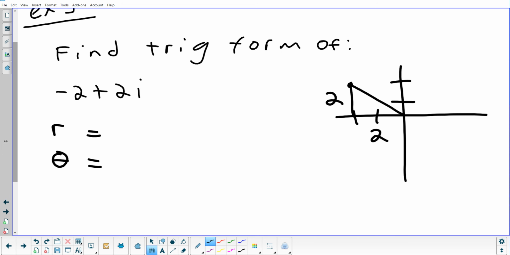Right, so Abigail, could you set up Pythagorean theorem for me to find my radius? You don't have to do it all out. I just want to know what we would set up, and then we're going to do it out together.